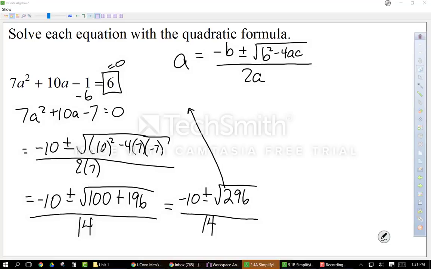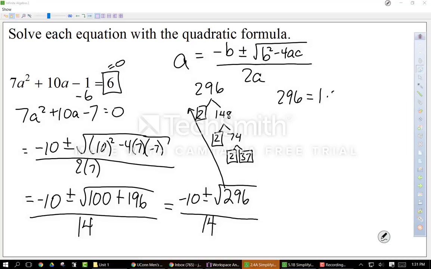So I need to break down the 296. If you were in early college, remember 2 times 148, 2 times 74, 2 times 37. Prime, prime, prime, prime.